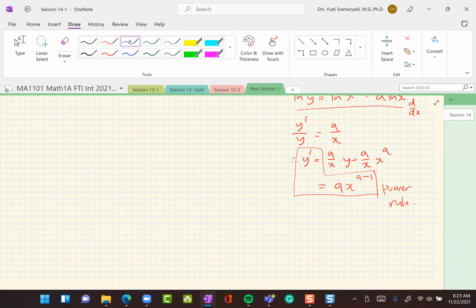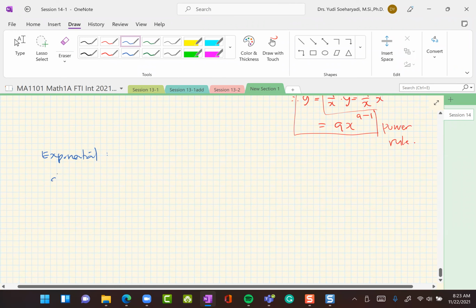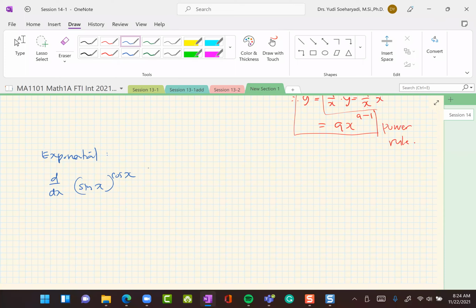So one example is this one here. Let's compute the derivative of sine x to the cosine x, whenever this is defined. Okay, so let's compute using log differentiation.